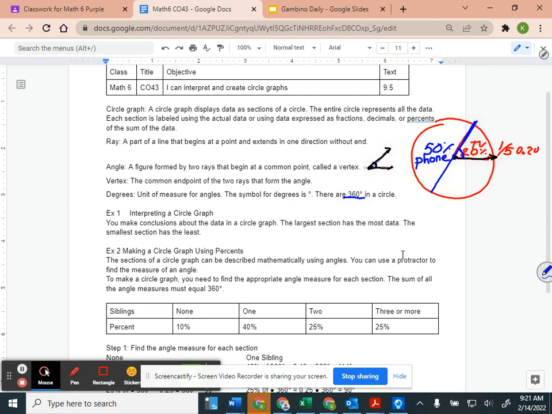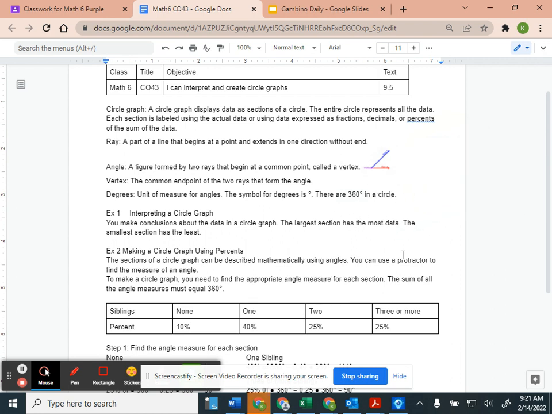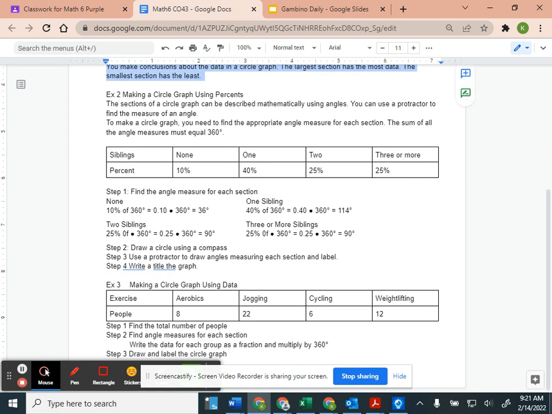So making a circle graph using percents. So let's scroll up. The sections of a circle graph using percent. So the sections of a circle graph can be described mathematically using degrees.